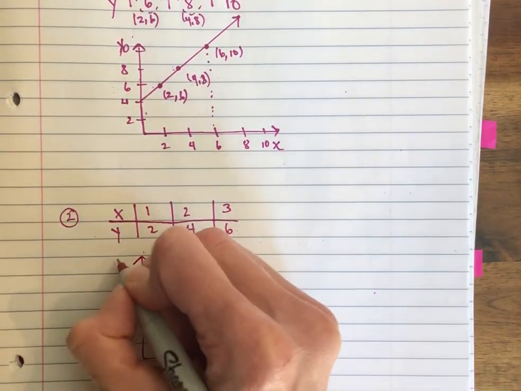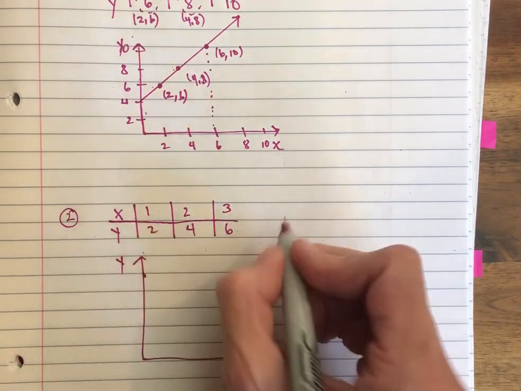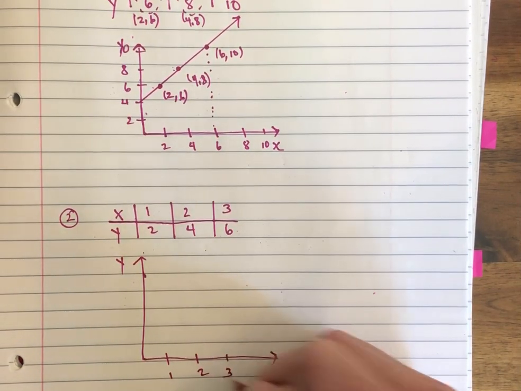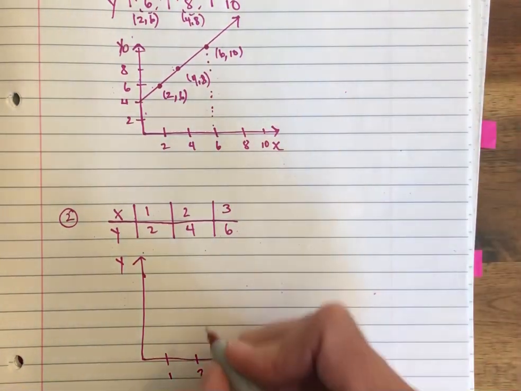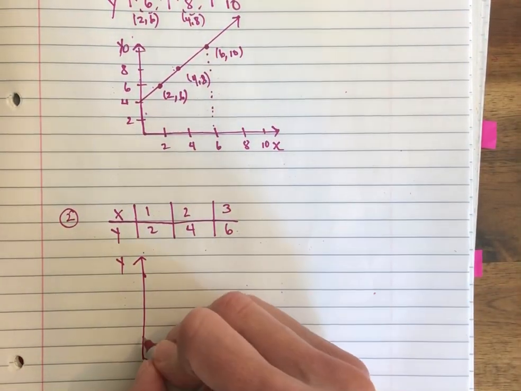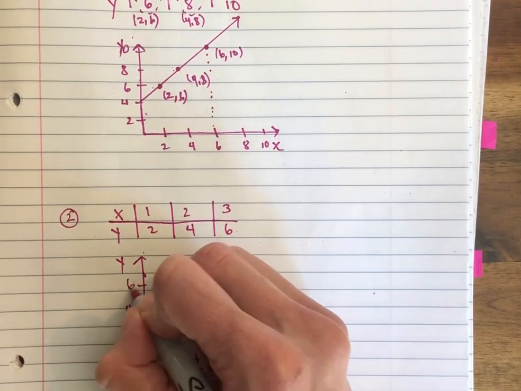X, Y. Okay, and I'm going to just count by ones along the x-axis because I only need to go up to 3. 1, 2, 3. And along the y-axis, I could count by ones, I guess, or I can count by twos. I'm just going to count by twos. 2, 4, 6.